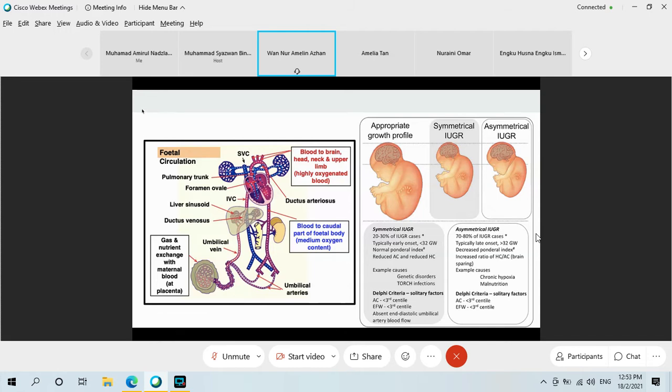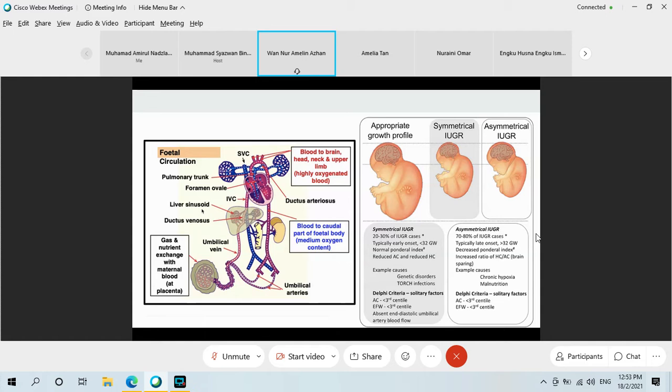The well oxygenated and highly nutrient blood will go to the umbilical vein in order to pass to the inferior vena cava. In order to go to the IVC, they will have to pass a structure called the ductus venosus over here. The majority of the blood will flow through the ductus venosus, and the rest will go to the liver sinusoids.